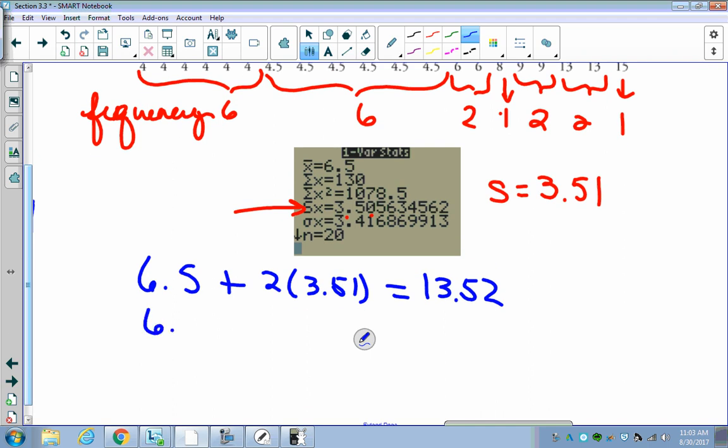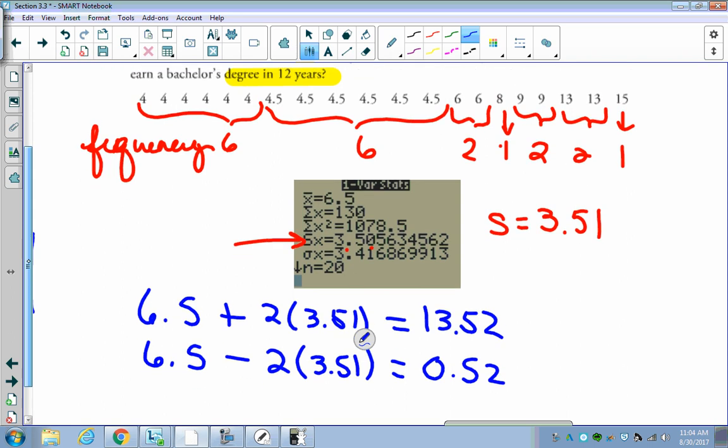And I'm going to take 6.5 and subtract the standard deviation twice. Now we know in reality that would be very unusual, right? A bachelor's degree in less than half a year.